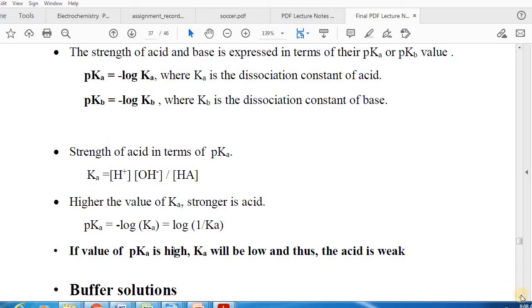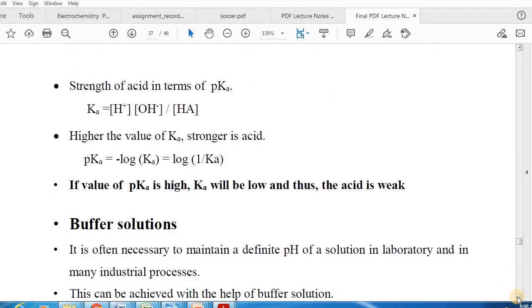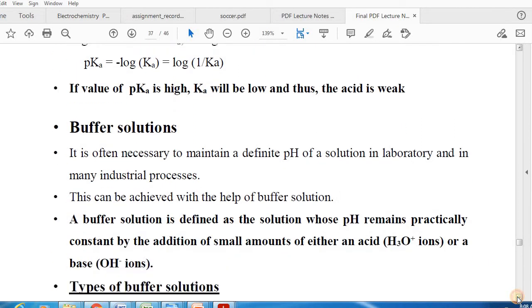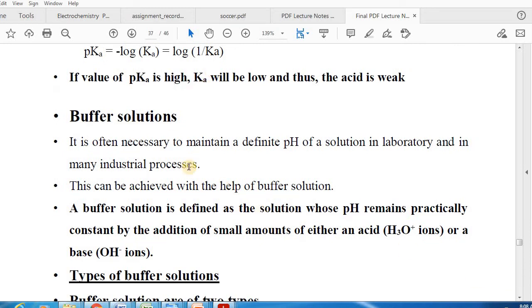Now next topic is buffer solutions. What do we mean by buffer solution? Why do we need them? We very well know, generally to maintain a definite pH of a solution in laboratory or in many industrial processes, we require buffer solutions.